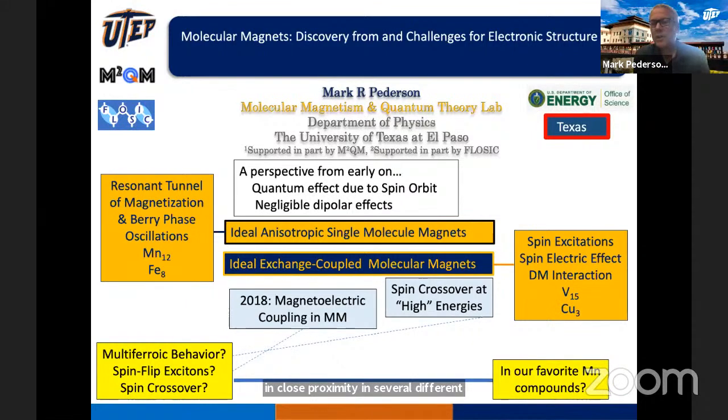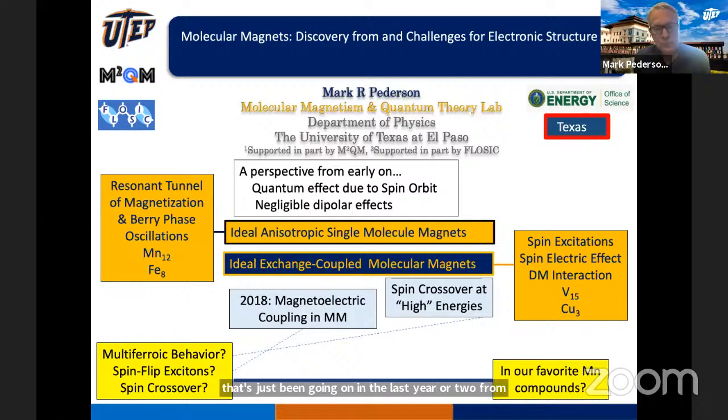What I wanted to do was give a very brief overview of some of the challenges one needs to address when looking at magnetism in molecules, and give you a couple examples of two different effects that arise from the spin-orbit interaction. And then I'll tell you a little bit about some work that's been going on in the last year or two from several members of my group.